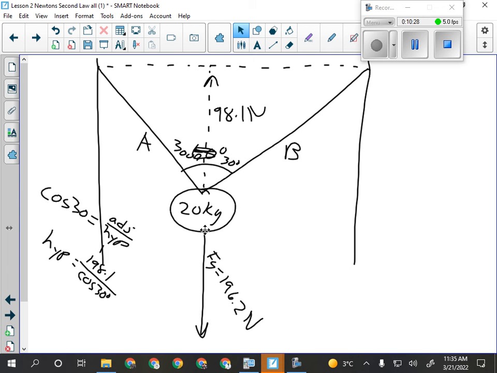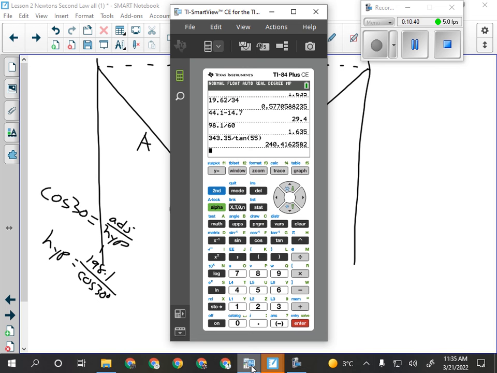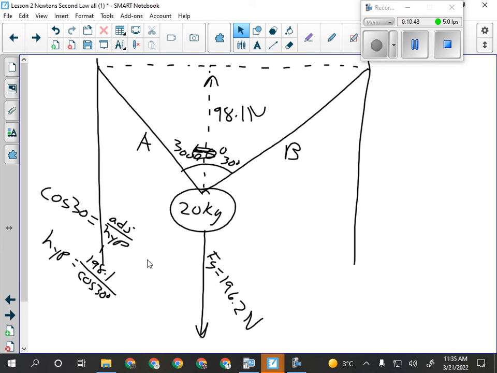Okay, everyone following what I'm doing here? So I know this side's 98.1 for cable A. I know this side's 98.1 for cable B. So I'm finding the hypotenuse of the triangle, and I'm simply going 98.1 divided by the cos of 30. Sorry, guys. It's Monday.